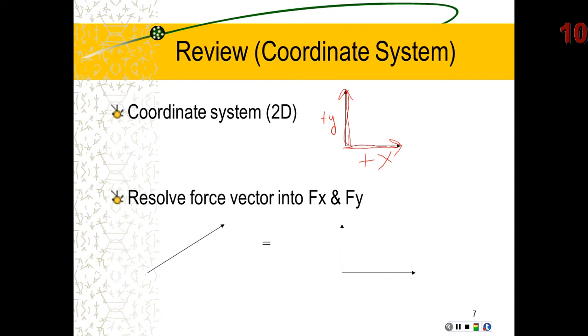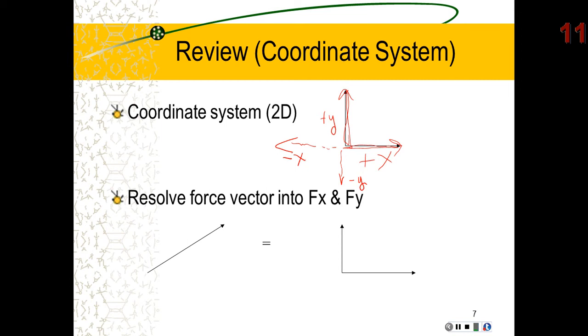And you would obviously figure out if you have a plus y, you also have a negative y, so downward towards the earth would be a negative y direction. And then if we have a horizontal to the right, we could also have a horizontal to the left, and that would be a negative x direction. Okay, so upward to the right is positive, downward to the left is negative. Okay, so that's our coordinate system.